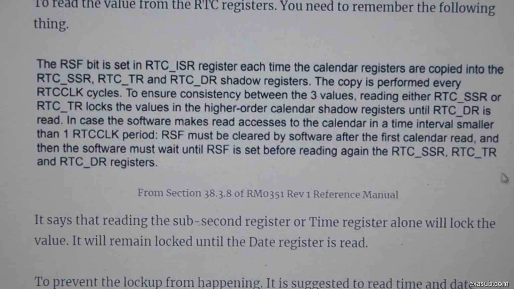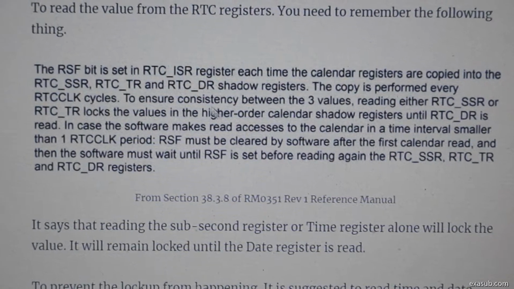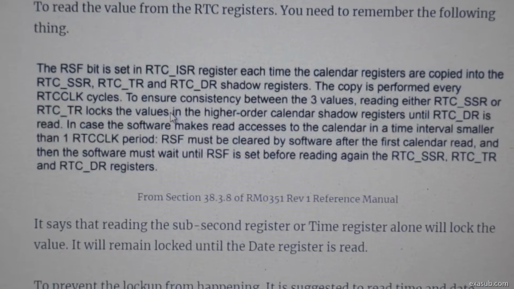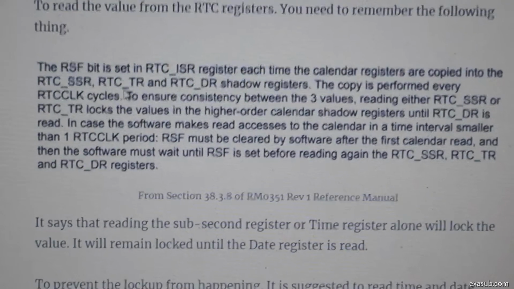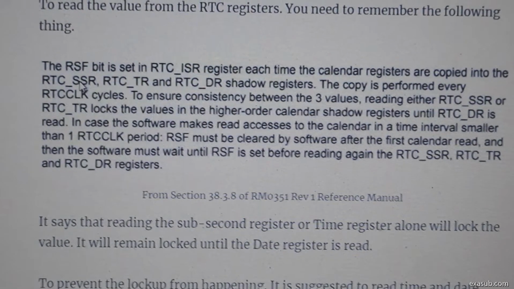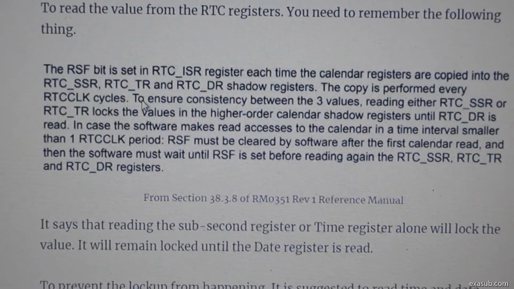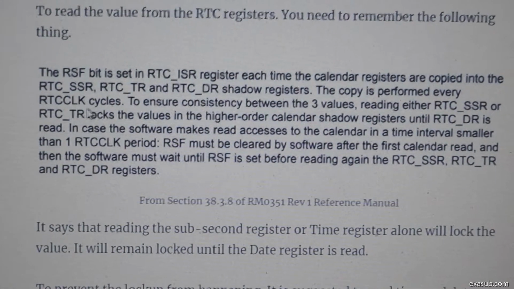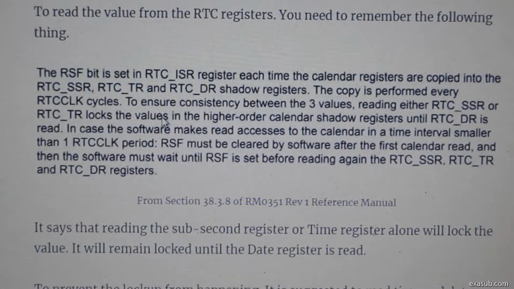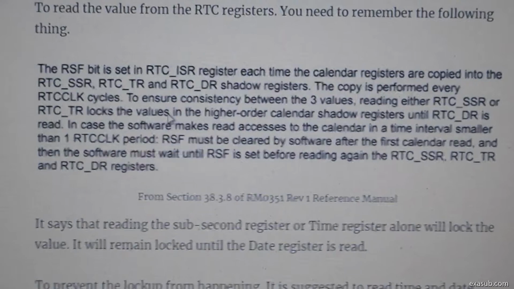This particular section says that you have to read the time register, sub-second register and date register one by one, simultaneously, because there is a chance of a lockup happening.